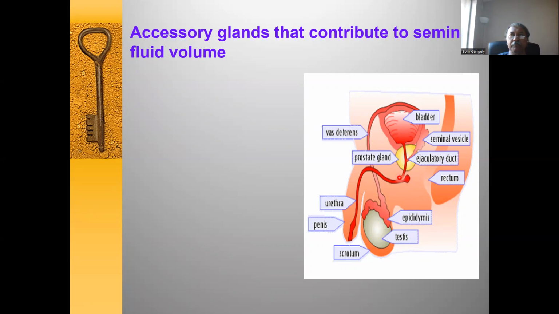We have two of them, to the left and right, and this is the bulbourethral structure. This is where the bulbourethral gland or Cooper's gland is located.